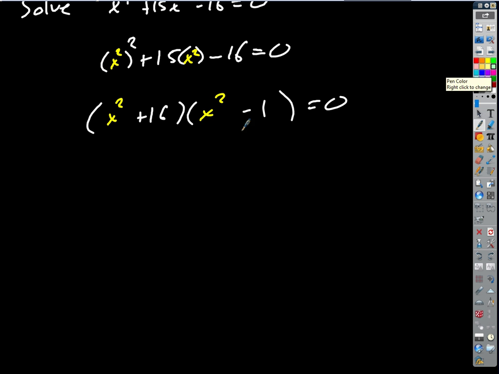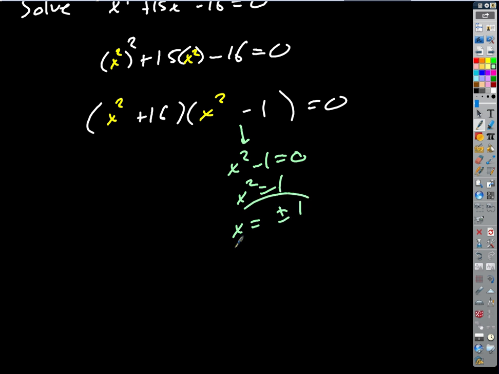Like this one right here, if I just set that factor equal to 0 and solve, what are the two steps to solve for x? It's easy. Add 1 and square root, right? So I get x squared equals 1, so x equals plus or minus 1. There's my two zeros, right? Okay, for this other guy over here, I would just set it equal to 0 and solve. Pretty easy.